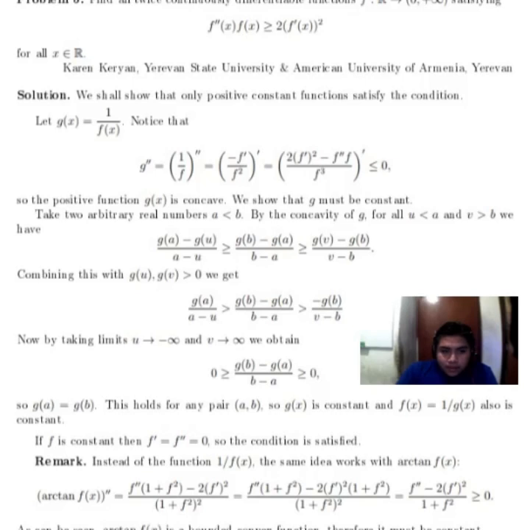If f is constant, then f prime equals f double prime equals 0, so the condition is satisfied.